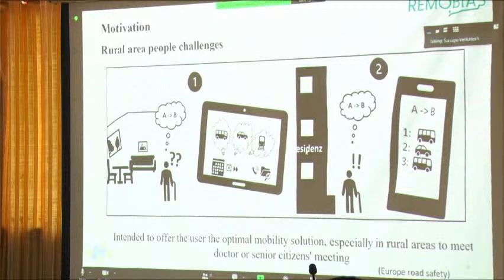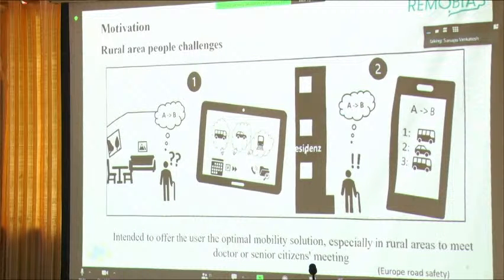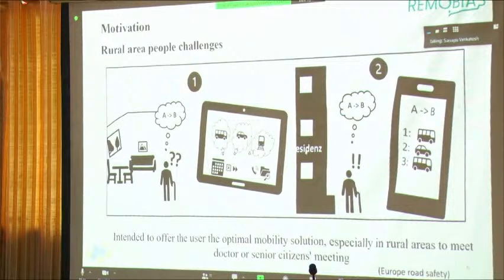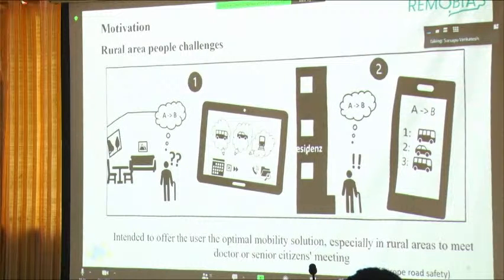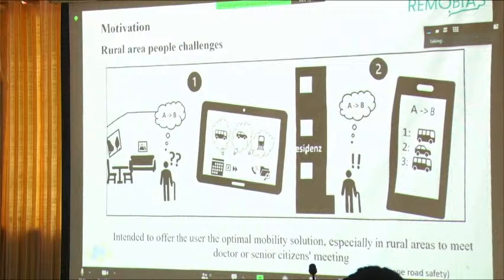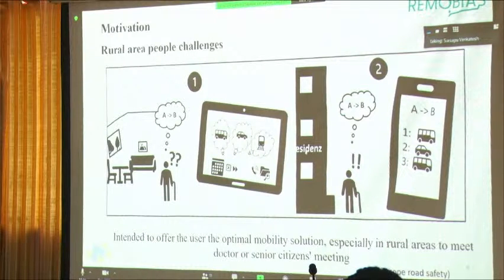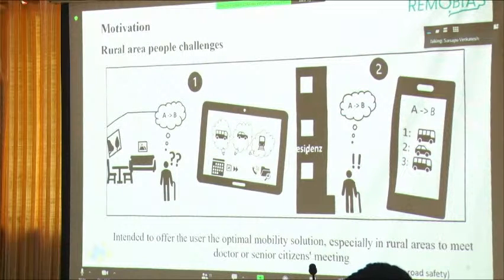So now on his mobile or a tablet, he can see the combined timing as well as the connection, so that he can reach his destination wherever he wants. In the next slide, I'm going to show you how he is going to see it in our front end.